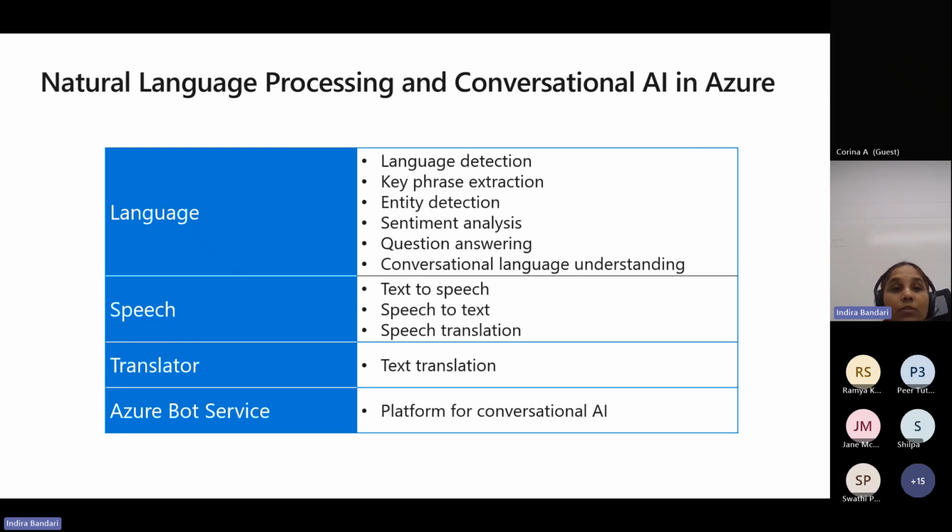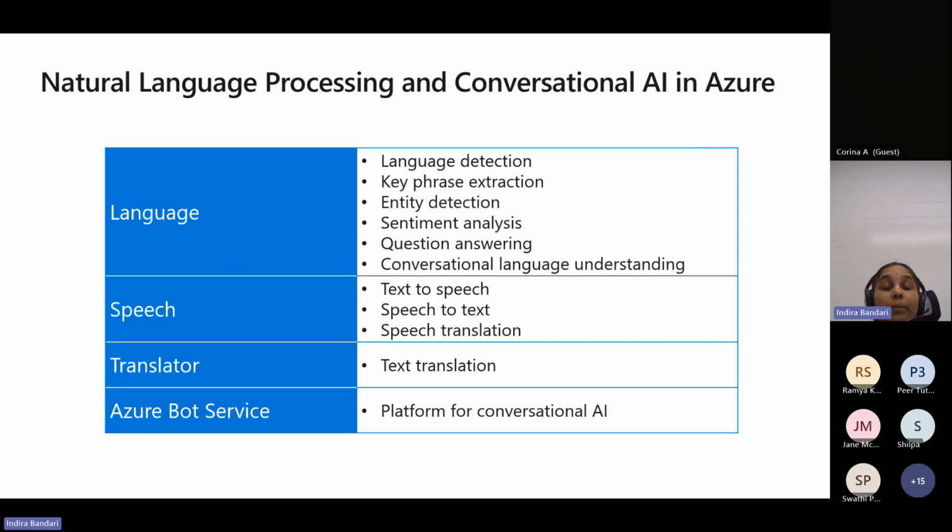And question answering. So you have a lot of FAQs. What should I do if I get lost? The answer. What should I do if I don't find the website? You get an answer. That kind of question answering can also be done using the language service. And conversational language understanding, like we discussed about the different ways to ask the same question.